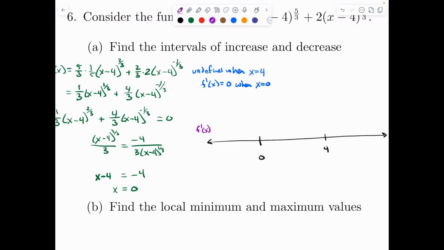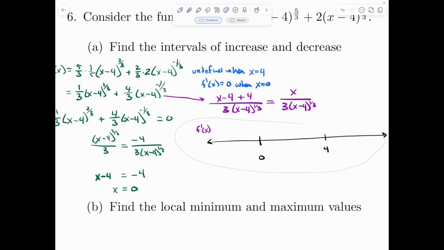So here's what I'm going to do, I'm just going to rearrange this a bit and write it like this. x minus 4 plus 4 over 3 x minus 4 to the 1/3. And that's equal to x over 3 x minus 4 to the 1/3.